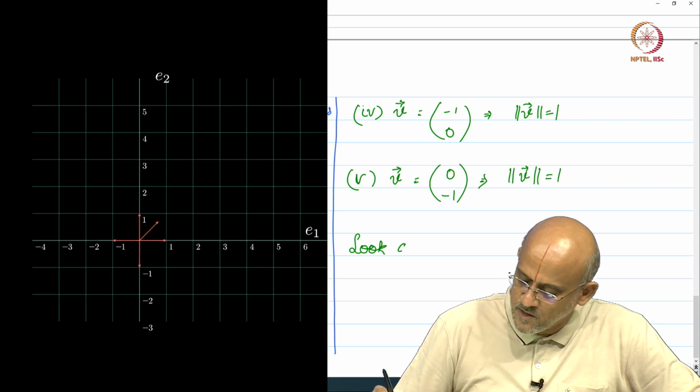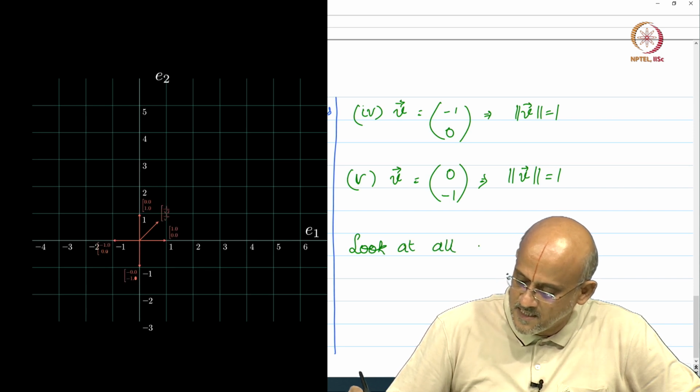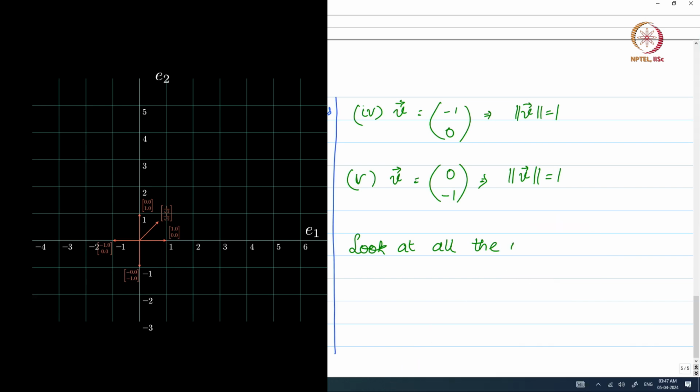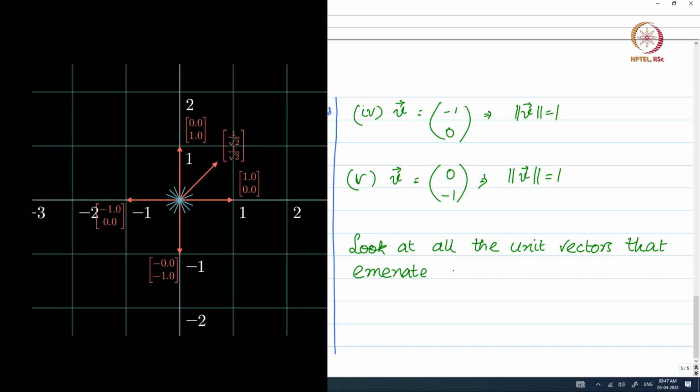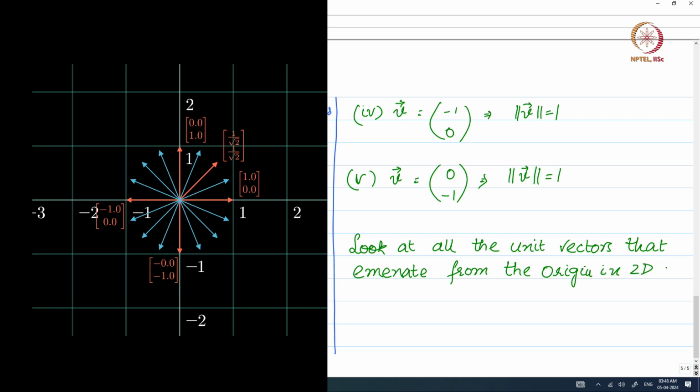all the unit vectors that emanate from the origin, let us say in the 2D plane.